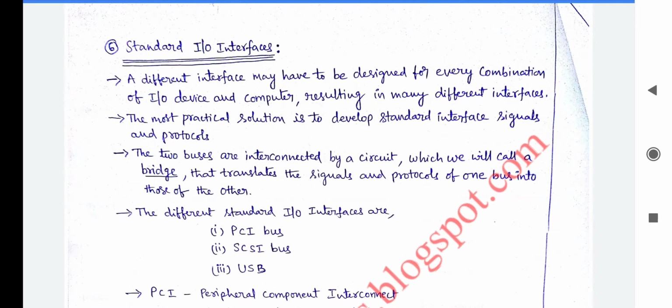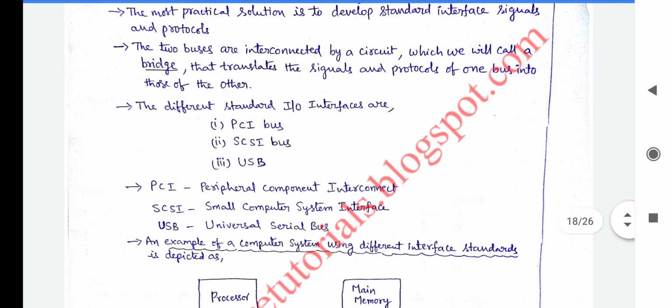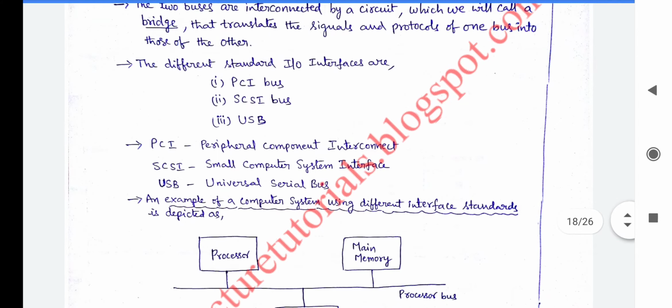The different standard I/O interfaces are PCI bus, SCSI bus and USB. These three are the standard I/O interfaces. First, PCI. What is meant by PCI? Peripheral component interconnect. I hope you know peripheral devices.